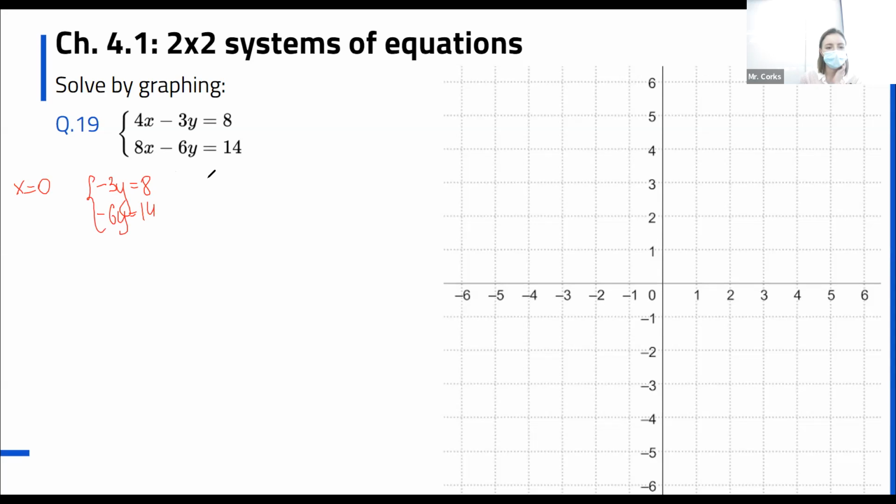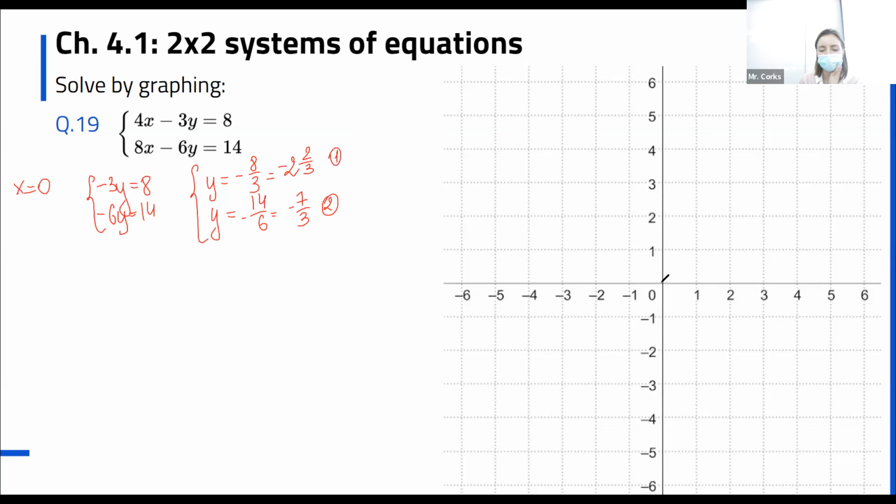So y equals minus 8 over 3, and y equals minus 14 over 6, which is minus 7 over 3. So it is the first, it is the second. So x equals 0, and the first is, let's make it clearer, 2 and 2/3 minus.